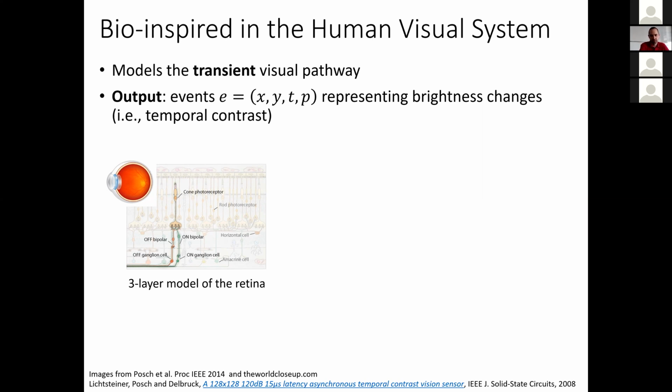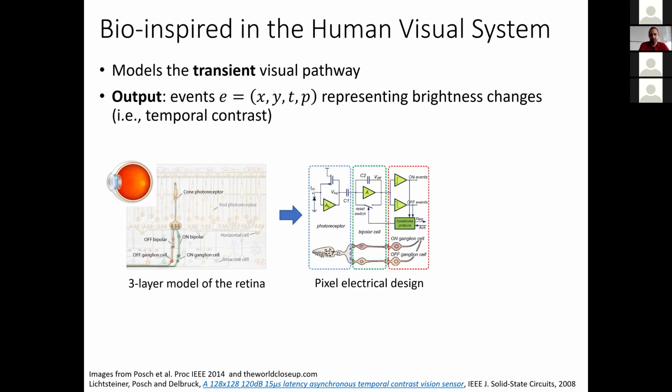In this case, just a 3-layer model with photoreceptor, bipolar cells, and ganglion cells. And then you try to mimic it with a circuit. You try to implement it on silicon. And here is the circuit with the different phases. So the blue part is the photoreceptor, the green is the bipolar, which is some amplification and resetting. And the last part, the red, is the ganglion cells.